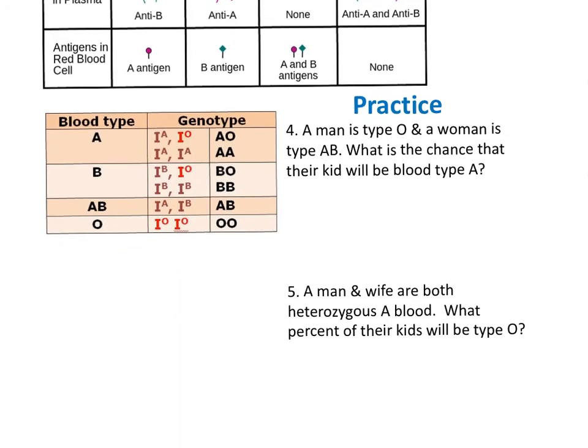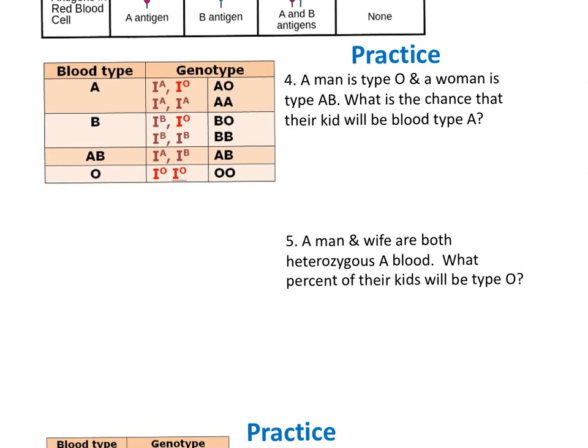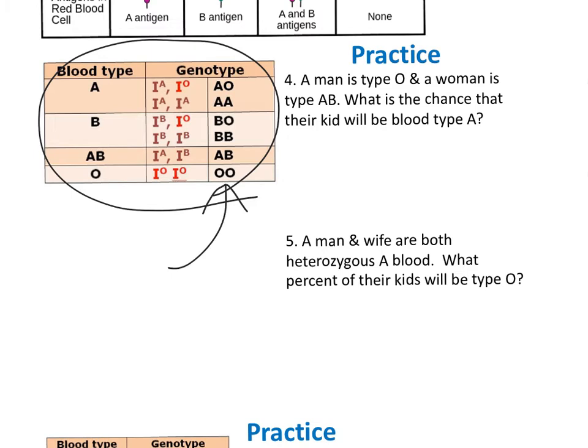In blood typing questions, I can use 2 different lettering methods, and there's really not one that's better than the other, but I personally prefer the right column simply because it's less writing for me to do. So what this chart says is that people who are blood type A could be homozygous A, or they could be heterozygous and have that recessive O as well.